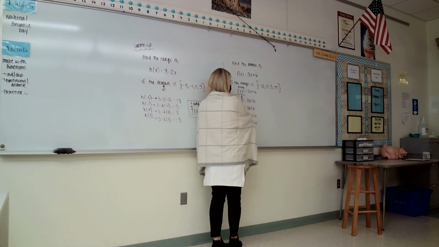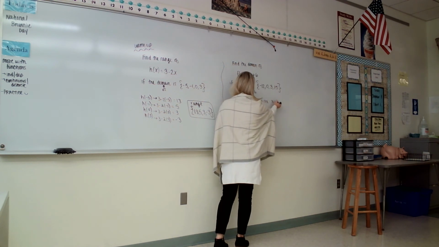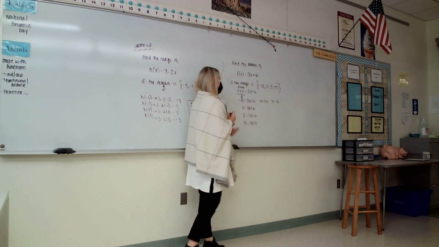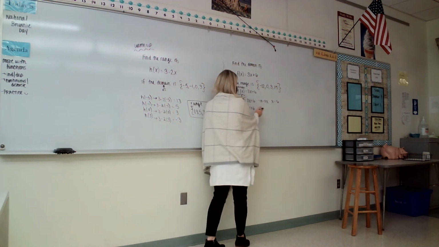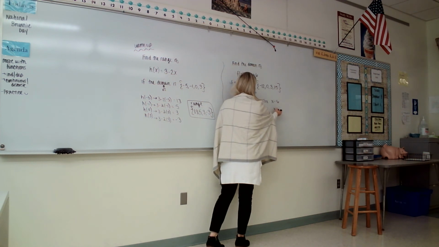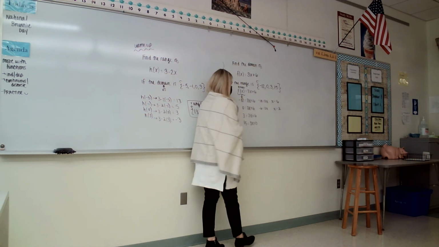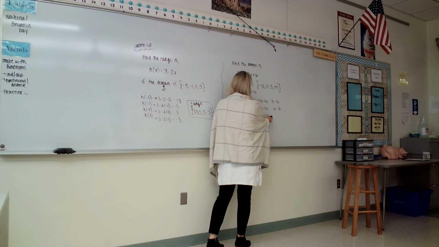If I subtract 6, that would give me -18 equals 3x. So my first answer is x equals -6. Here, same thing, if I subtract 6, that gives me -6 equals 3x. So x would equal -2. If I subtract 6, that gives me -3 equals 3x.